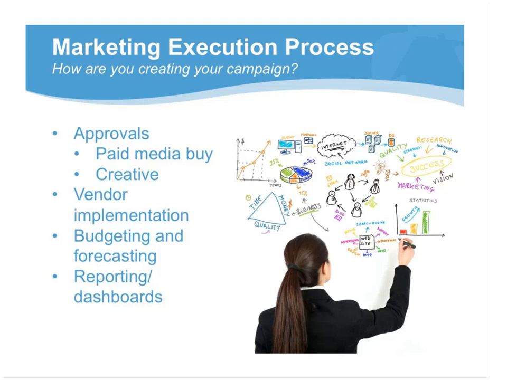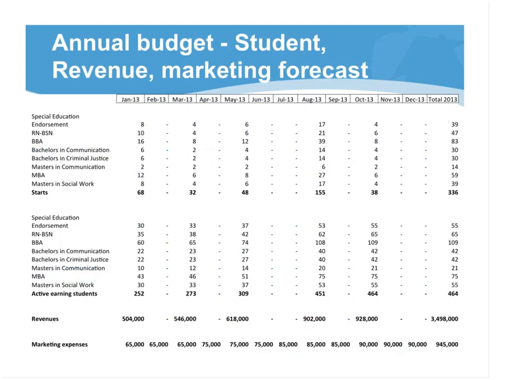All right, hopefully this doesn't put people to sleep, but now we're getting into the data part of the presentation. This is an example of a one-year forecast that breaks up into four areas. One is the starts.